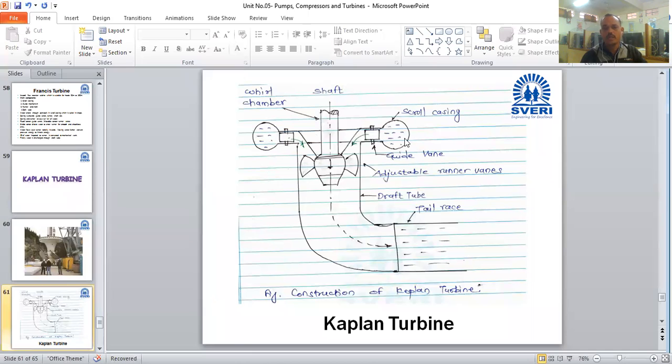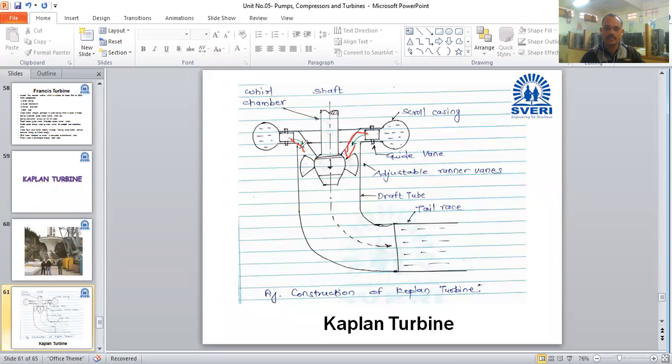Now the working. Here again we have the same working. When water flows through the casing, it moves around the turbine, and then it drops from the guide vanes in the downward direction.